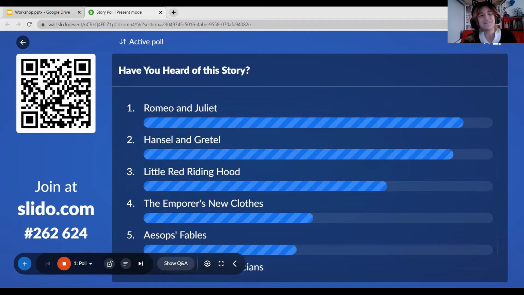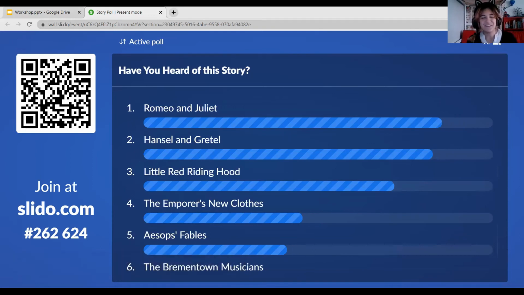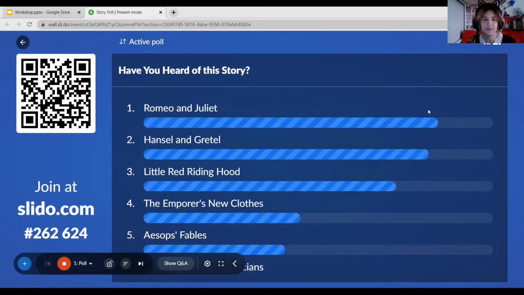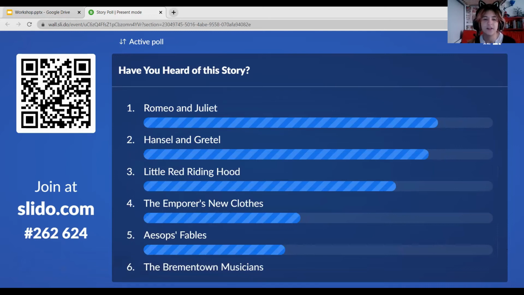But one thing that Megan and I had noticed when we were doing research, and also from our courses and talking to classmates, is that a lot of the stories that most people know come from a Western or European origin.